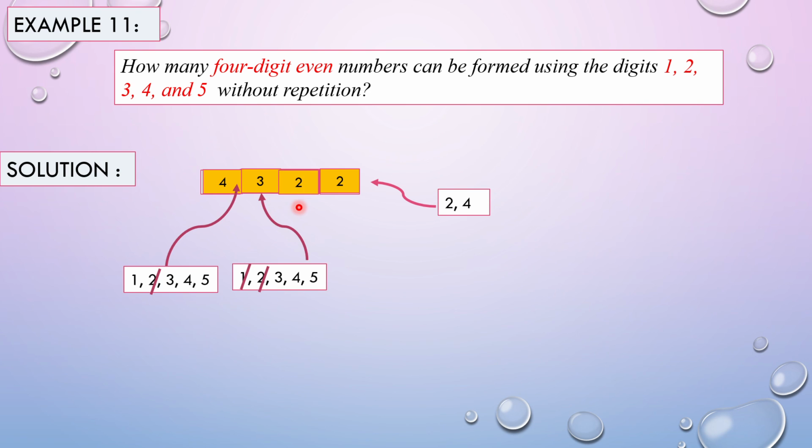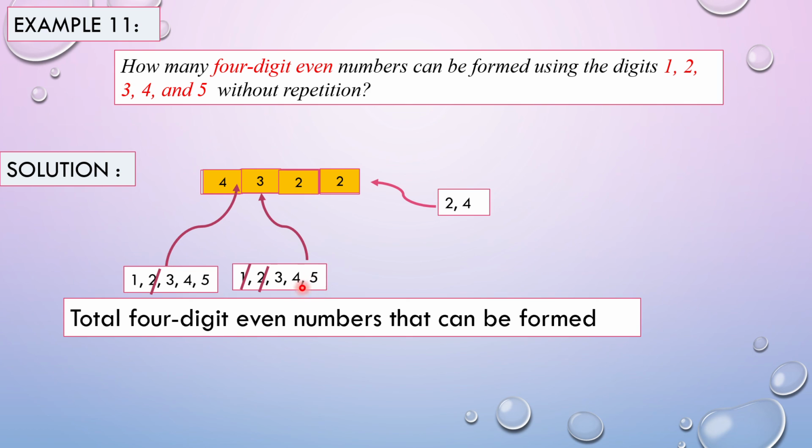For the last box, you can guess, remaining we have only 2. So in order to find the number of ways to form 4-digit even numbers, calculate all: 4 times 3 times 2 times 2. So in total we have 48 arrangements.